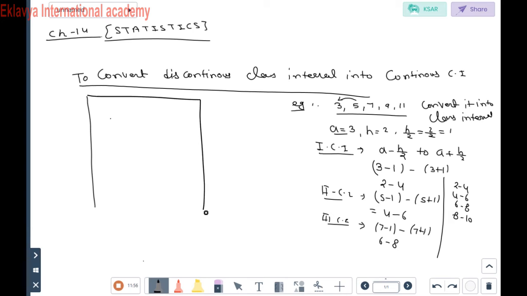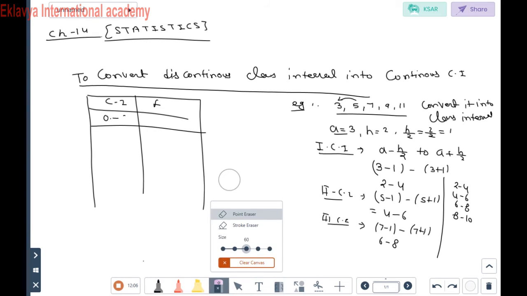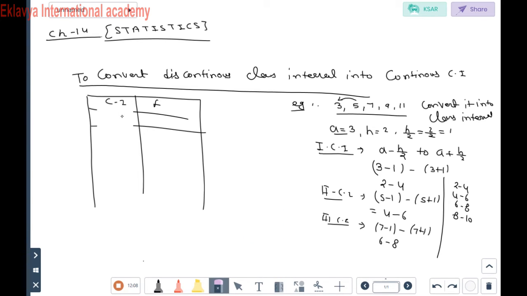Suppose the class interval and frequency are given to you: 1 to 9, 10 to 18, 19 to 27, with frequencies 2, 3, 5.